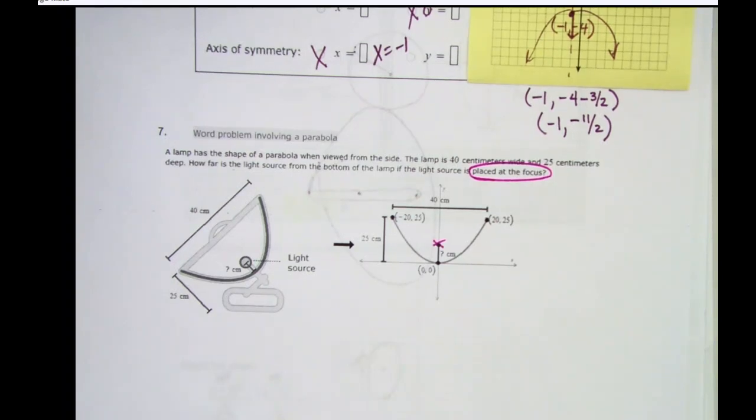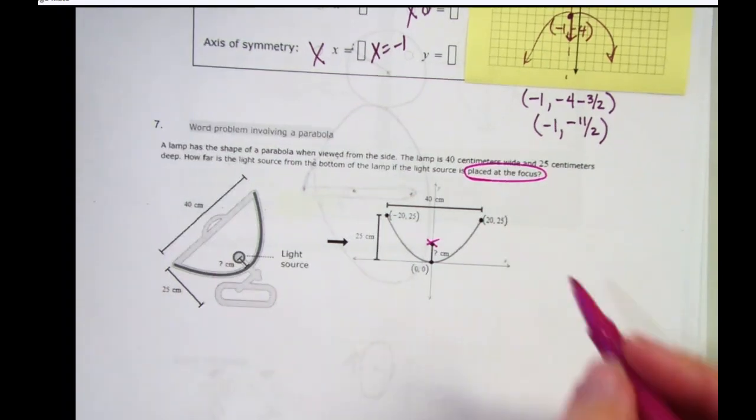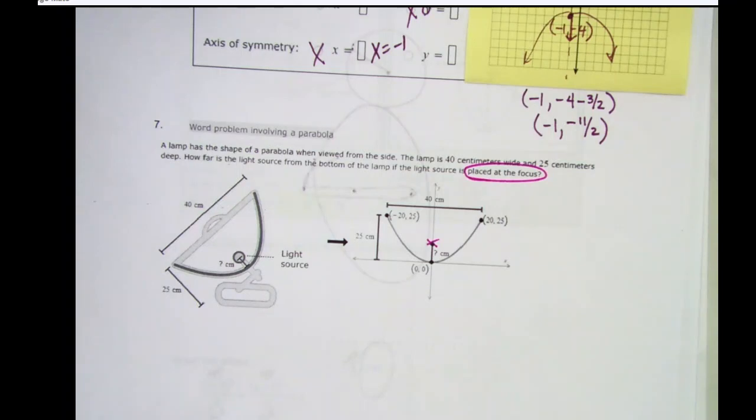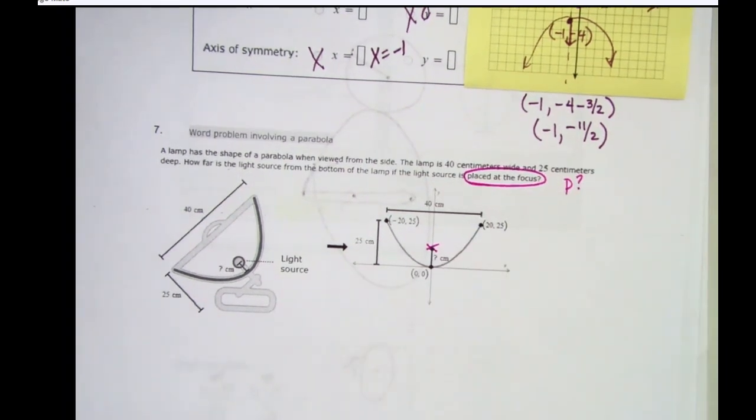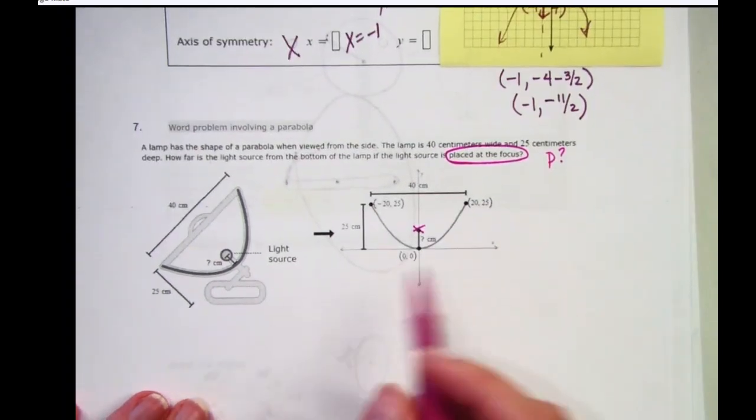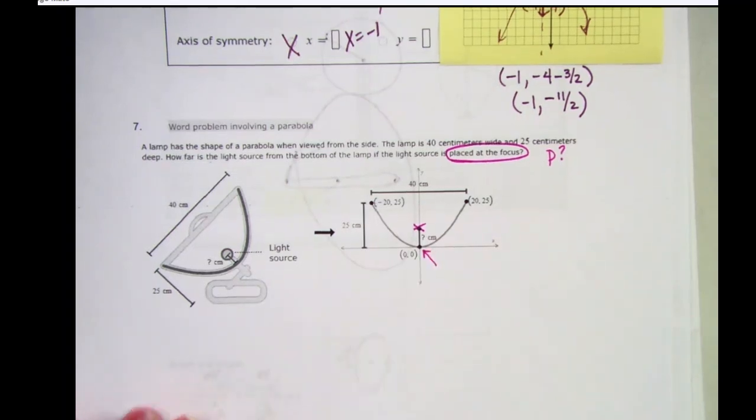So what are we solving for? And there's a fancy letter for the focus. We're going to be solving for P ultimately, right? So if I could come up with the equation of this parabola, could I solve for P? Yeah. So let's see. If our vertex is at 0, 0, do I have anything going on with the x or y squared? Nothing, right?